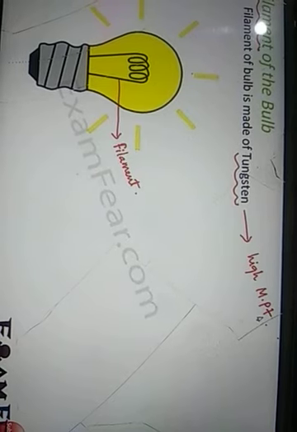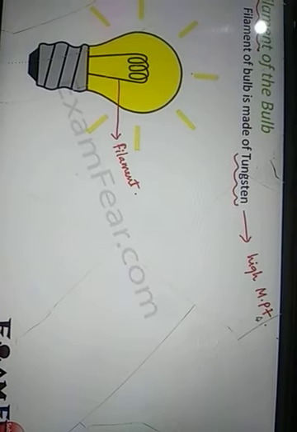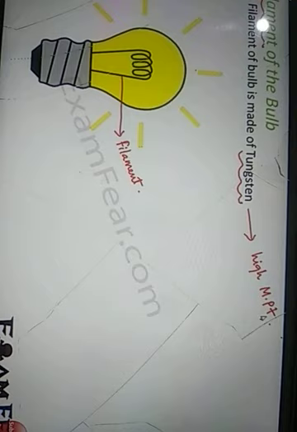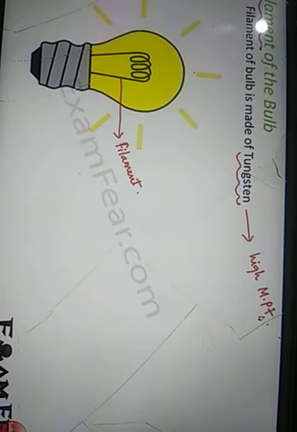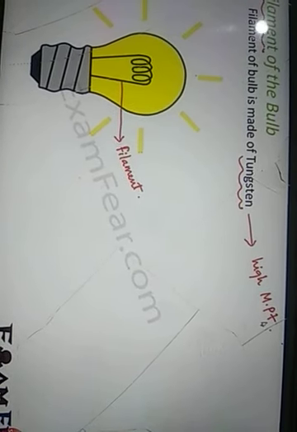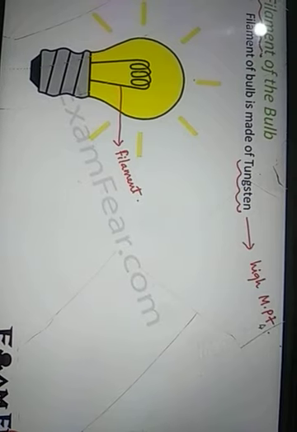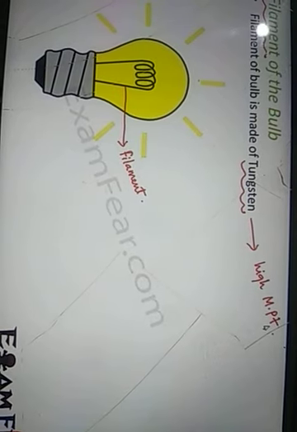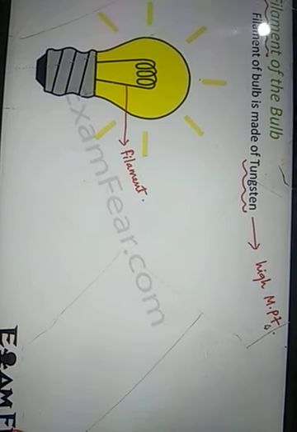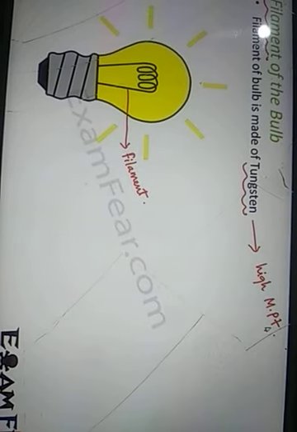Okay. There is also a disadvantage of tungsten, that it can catch fire very easily at such a high temperature in the presence of oxygen. Since it has been heated too much, if a little bit of oxygen is present, then it will catch fire.